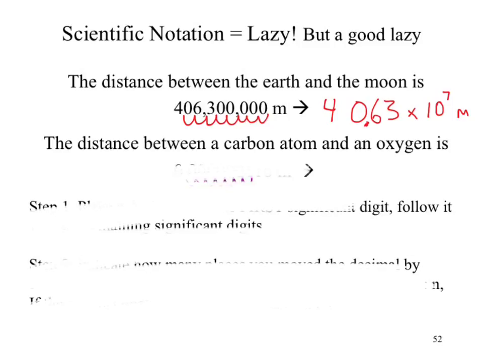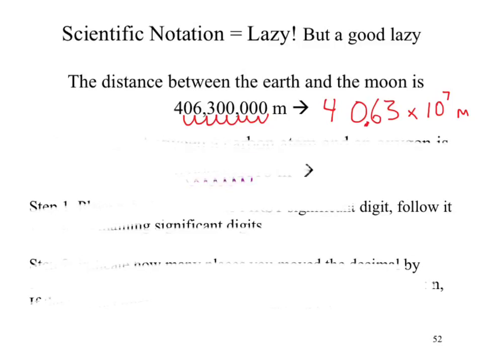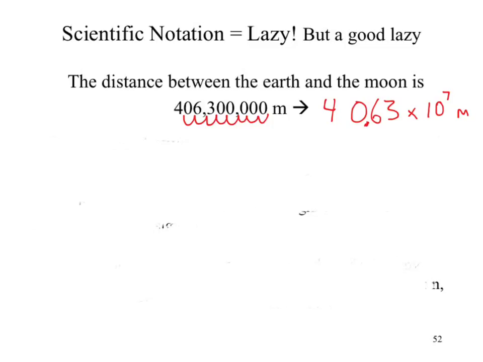Okay, so now we want to go through and do a little bit of discussion with our sig figs. So I'm going to go through with that same value. And now what I want to address is I'm going to say that the measurement I made as far as significant digits, those digits were all measured, which means by definition they are significant digits.